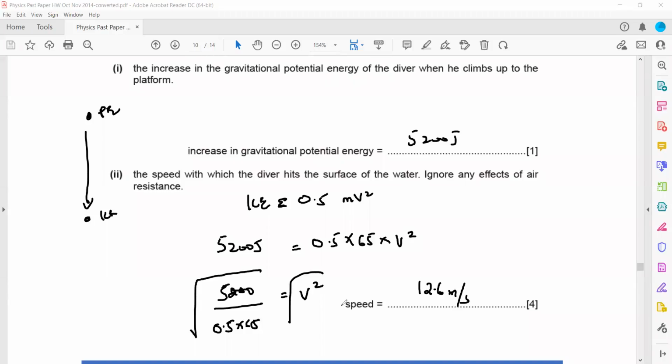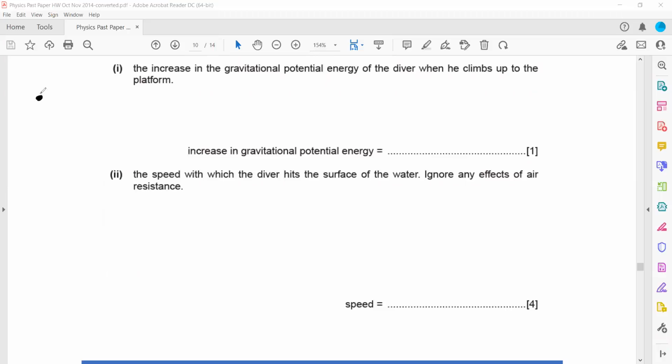Also, there is another way to solve this question. What is the second way? It will have a potential energy at the maximum height. When it is coming down, it will have kinetic energy. So we can say the potential energy will be equal to kinetic energy, or kinetic energy is equal to potential energy.